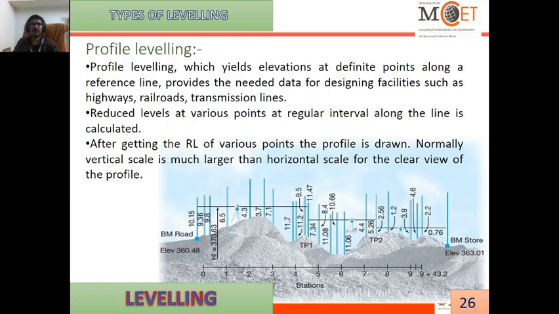RL of various points at regular intervals along the line is calculated, since if a road has to be laid, it has to be checked at regular intervals. After getting the RL of various points, the profile is drawn on graph sheet. Normally the vertical scale is much larger than the horizontal scale. Horizontal is distance. Compared to distance, the elevation value is more important, so we keep a larger scale for a clear view of the profile. This is the profile leveling.